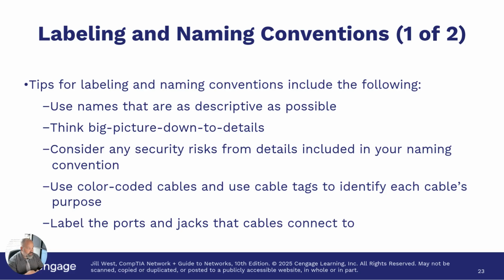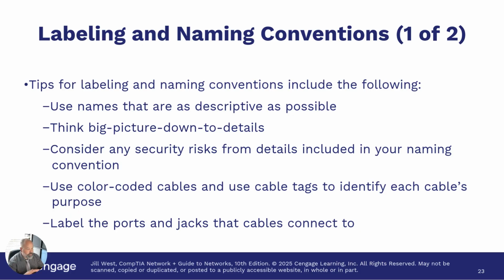Another thing you need to consider is security. Don't put sensitive information on those labels. Most of the time, normal, average people aren't going to see this room or be in this room, but just in case someone's able to get in, you want to make sure you're being safe with the way that you label. Color coding everything is also helpful.